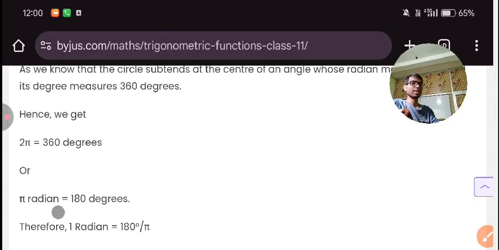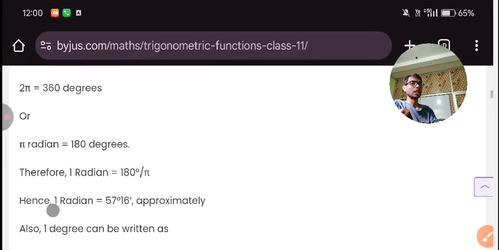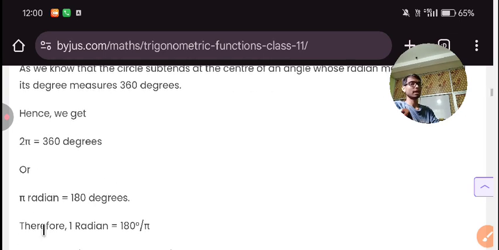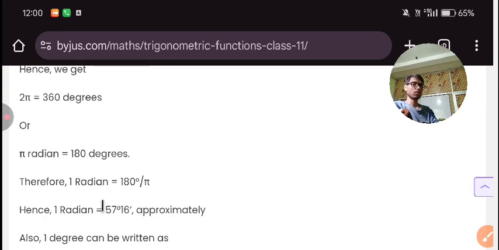Or pi radian is equal to 180 degrees, remember. We are not saying the value of pi, we are saying the value of pi radian. The value of pi radian would be 180 degrees, and a complete circle would give us 2 pi radians. Therefore 1 radian would be 180 upon pi.